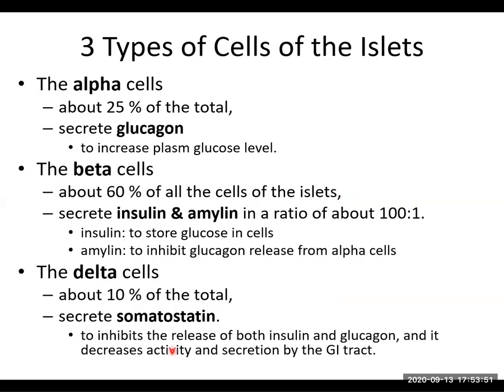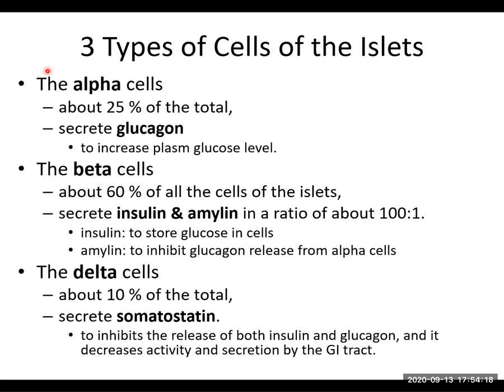So here are all these three types of cells and the hormones produced from these cells. Again, you can imagine that here we have a lot of quiz questions. Alpha, beta, delta. Alpha produces glucagon, beta produces insulin as well as amylin, and delta produces somatostatin.